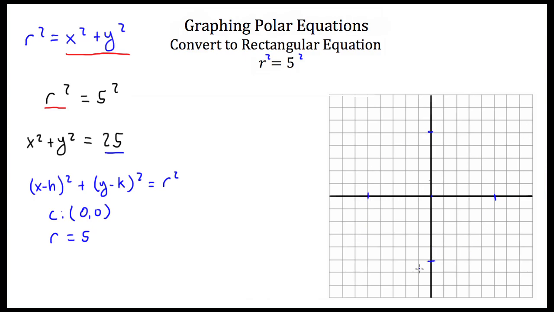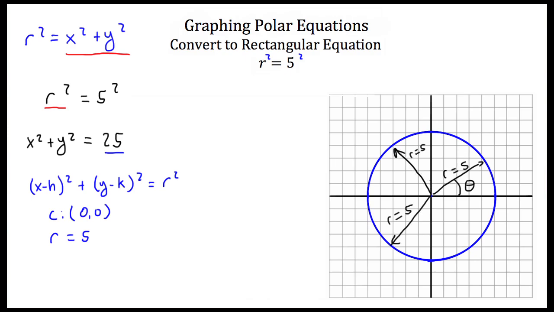And once I have enough to see how big my circle is, I can connect the dots. And then this is the graph of r is equal to 5, or the graph of x squared plus y squared is equal to 25. Again, it doesn't matter what theta is, our r is always equal to 5.